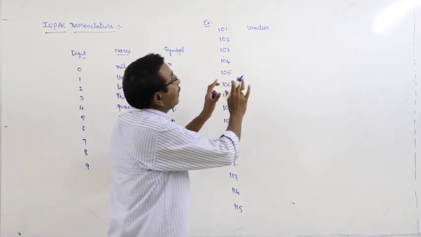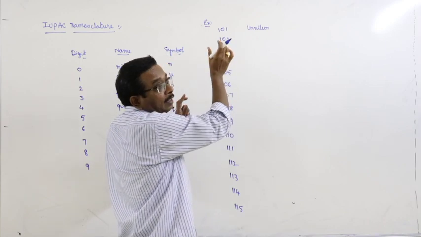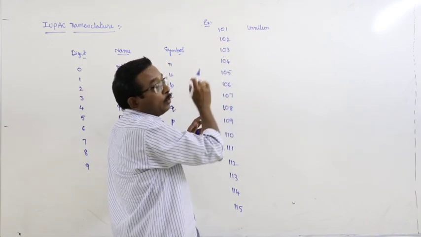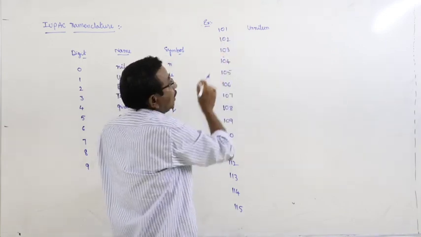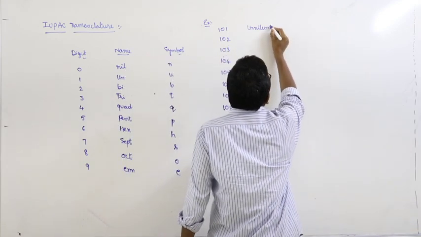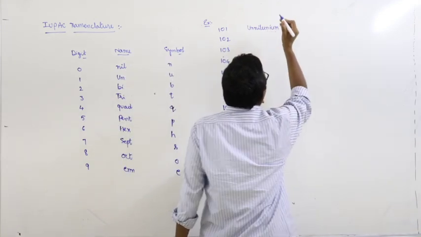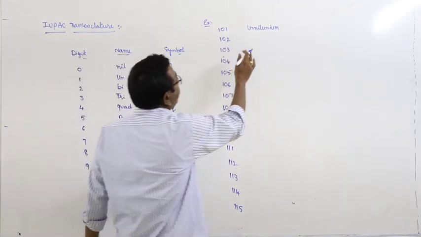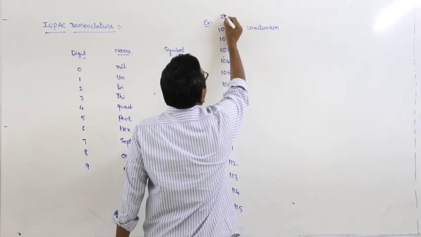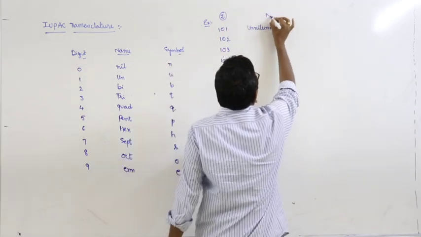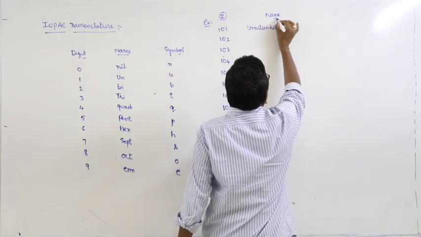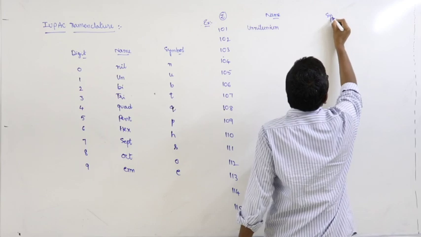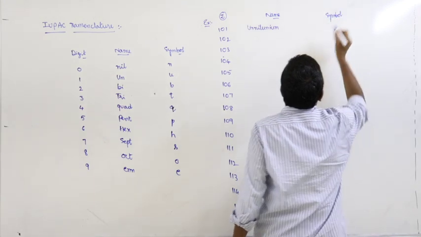Actually, this is the representation of the digits by using the numerical roots. And finally, we have to add the suffix ium. This is the name of the element. This is the atomic number. This is the name of the element. And here this is the symbol of the element, right?